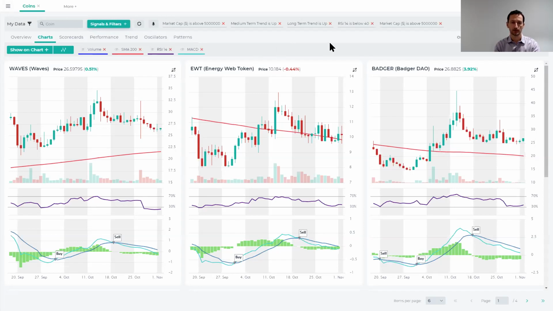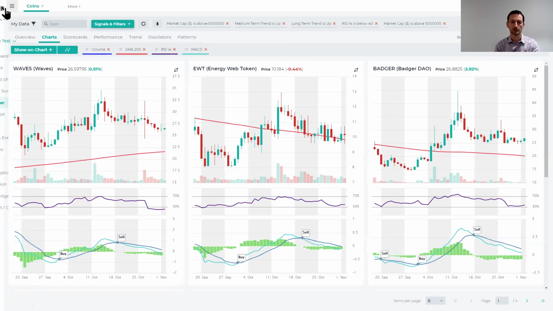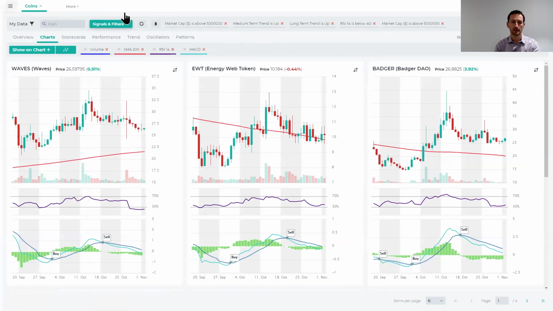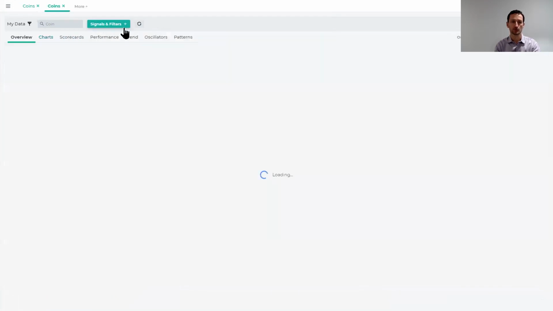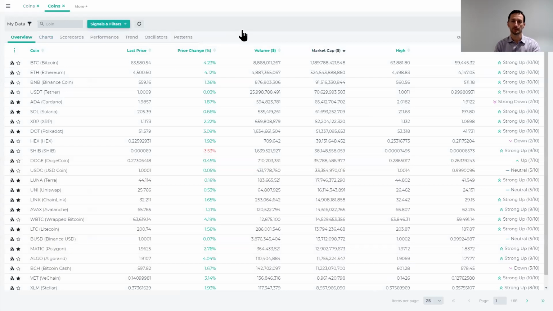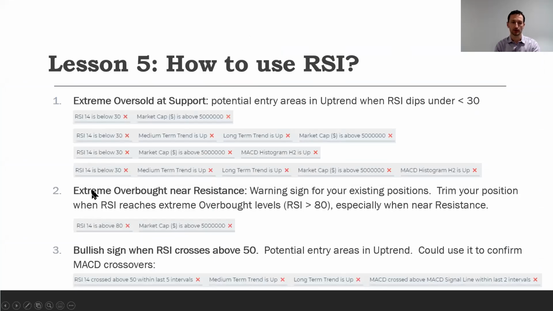So that's oversold near support, sort of trading strategy. We'll come back to it when we actually execute the trade. I'm going to open a new coins window so I can come back to the one that I just created.